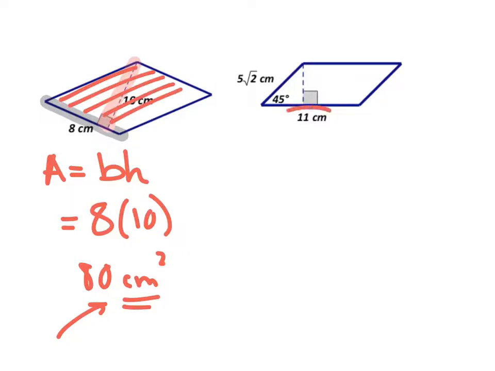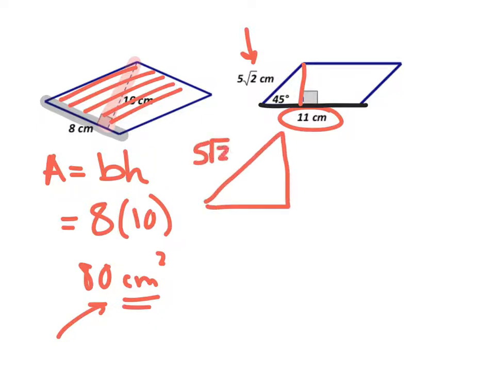In this case, here again is a side. We do not have a height, but we get some clues. We see that the slanted side is 5 root 2. We see that there's a 45-degree angle in there. And you and I, in a previous section about special right triangles, learned that we would divide by root 2 to get these pieces.